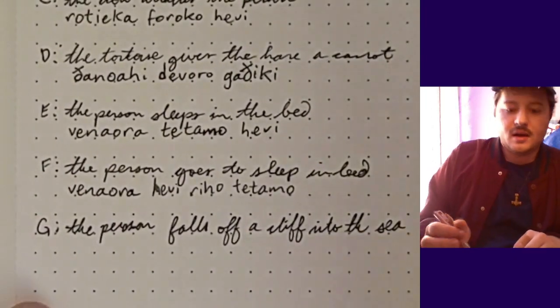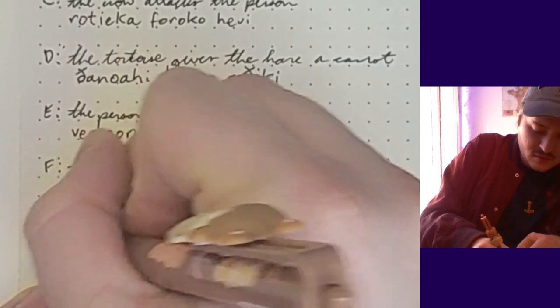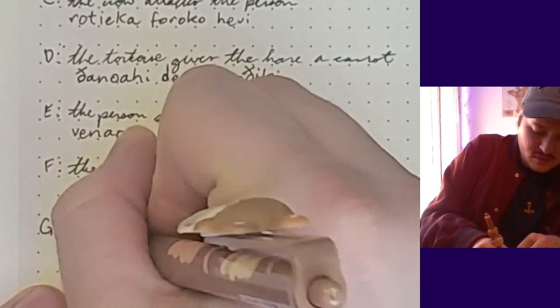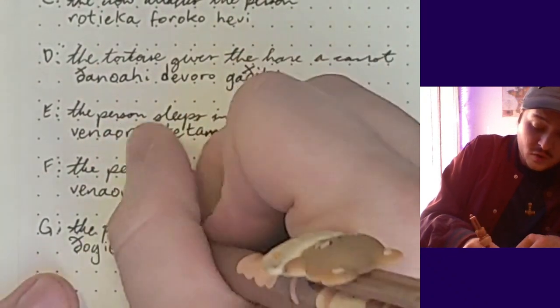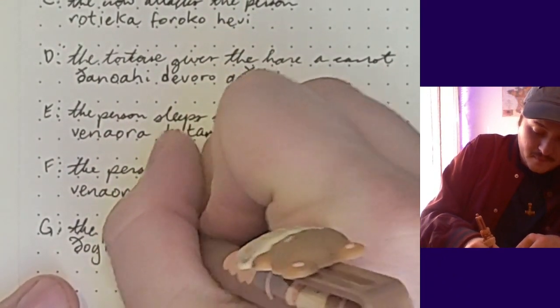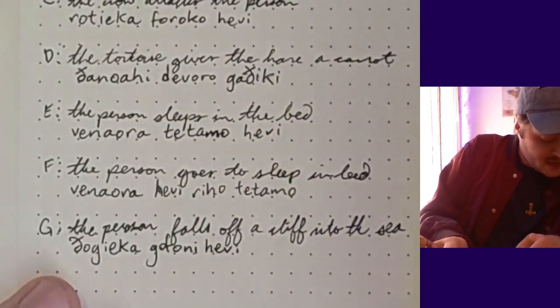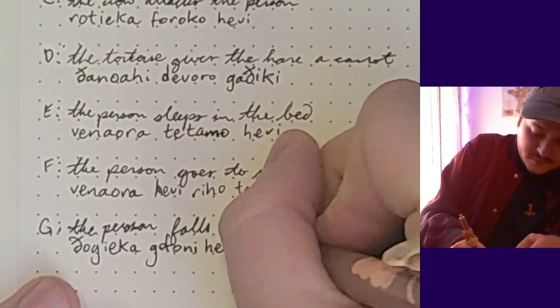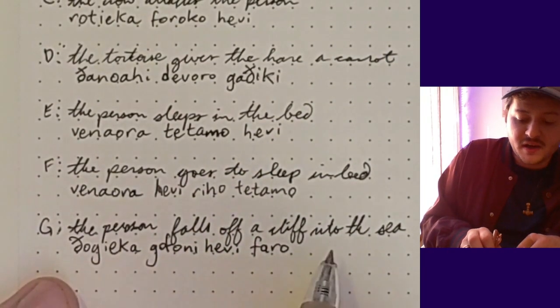Okay, and so dhoyeka is going to be the verb. And then it's the cliff, and cliff was gofoni, and then person evi, and then sea is faro. So dhoyeka, gofoni, evi, faro.